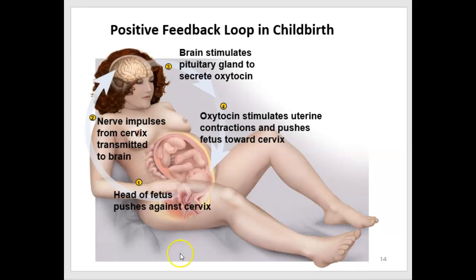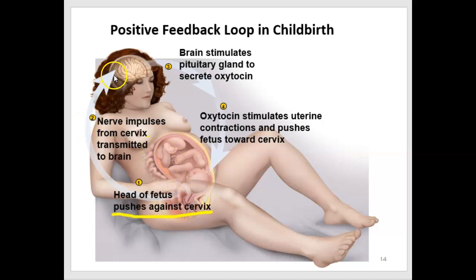The stimulus is that the head of, I know I made you think it was contraction, but that's not exactly what it is. The head of the fetus presses against the cervix, and this pressure is not normal right here. That is not normal, right? And there are nerves in the lining that eventually send a signal all the way up to the brain. So this is the integration center. So there was a stimulus and a receptor.